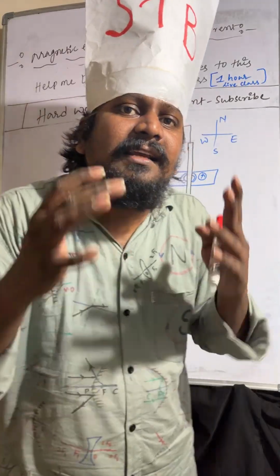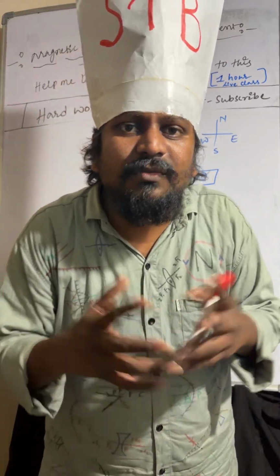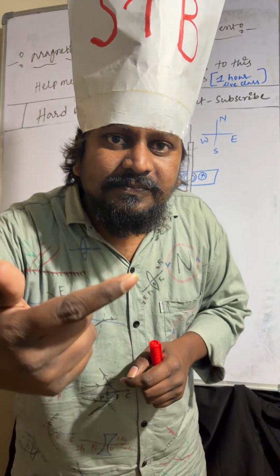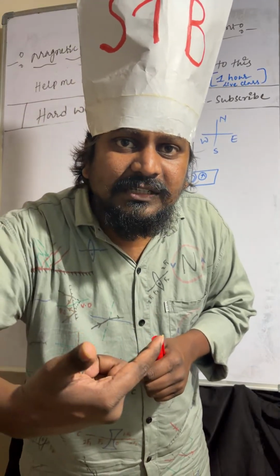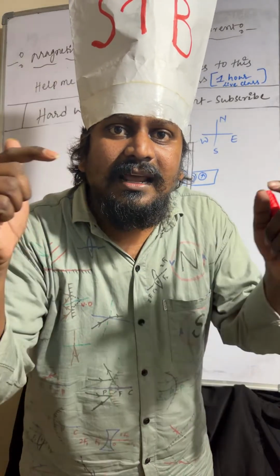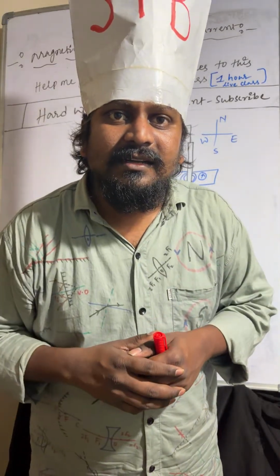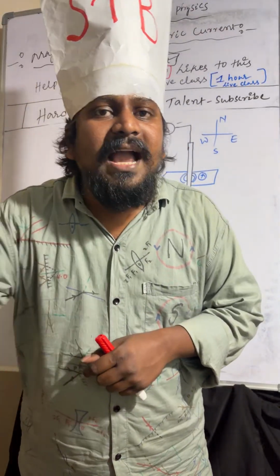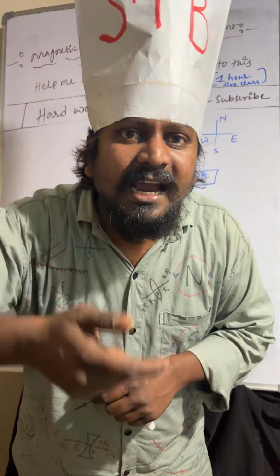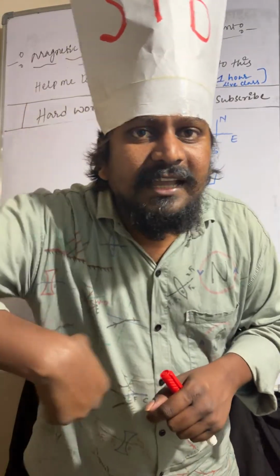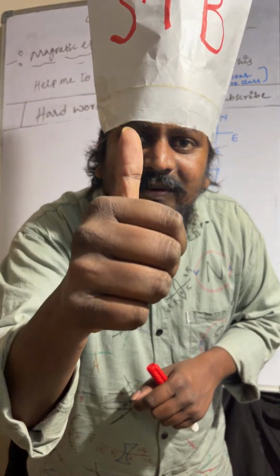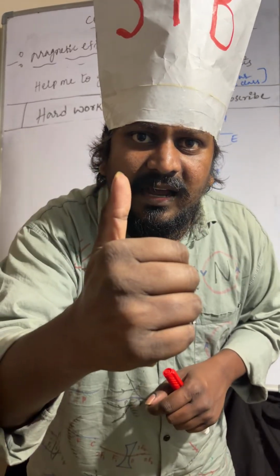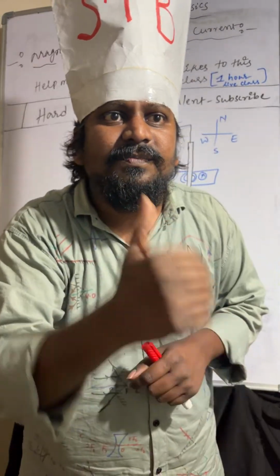By using the right hand thumb rule, we can identify the magnetic field direction around a current carrying conductor.